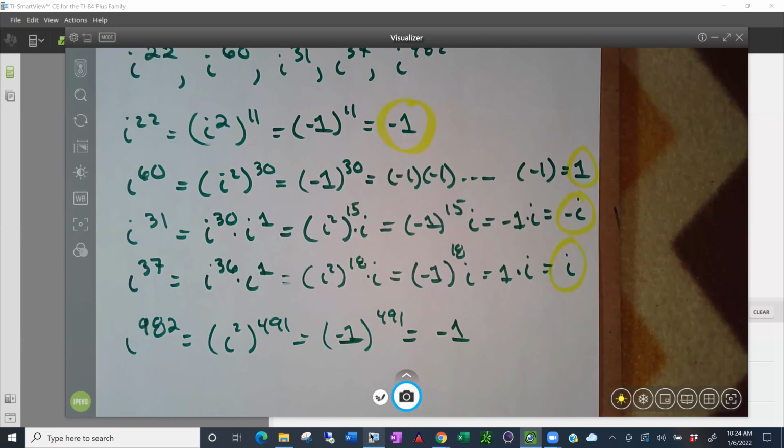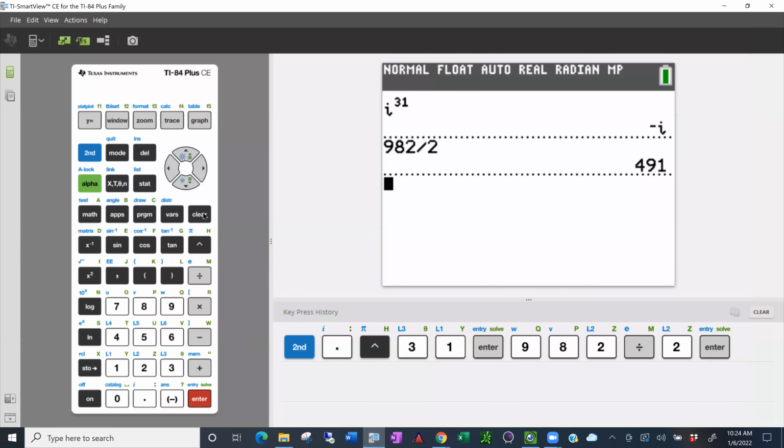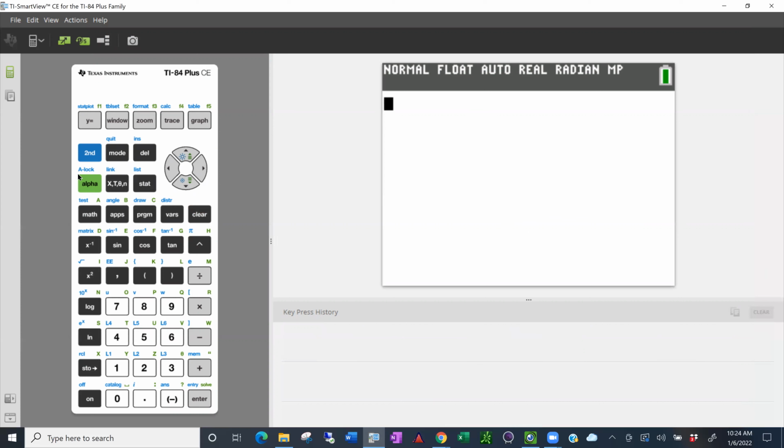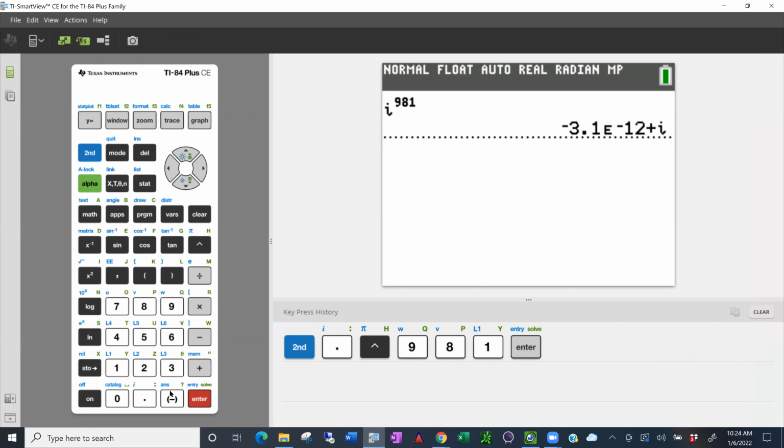What if you did that on a calculator? Would that work? Let's find out. So I'll do i raised to the 981st power and bam, doesn't exactly give me what I was hoping for. That's because I raised it to 980 first.